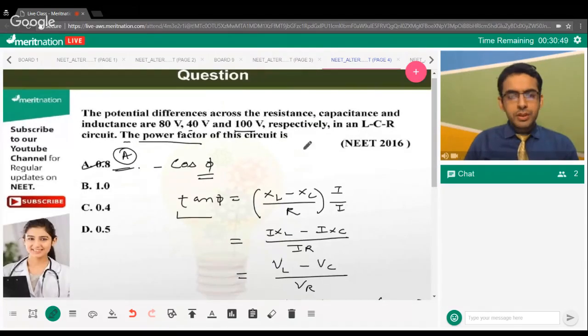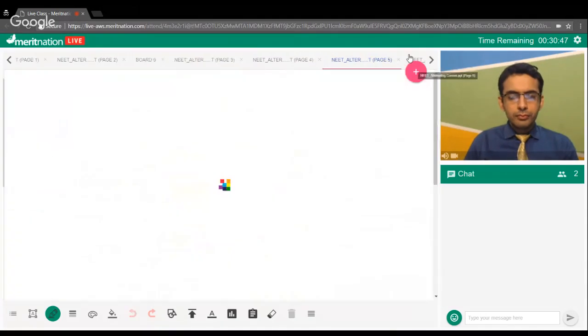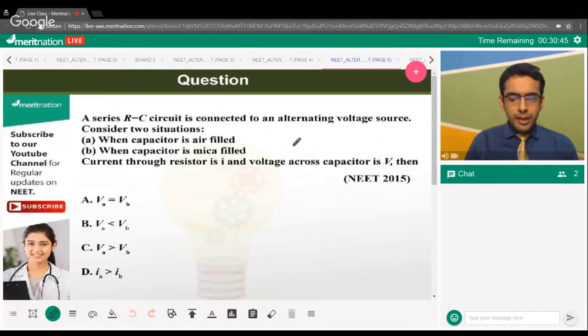Let's move to the next question. A series RC circuit is connected to an alternating source. Consider two situations. A, when the capacitor is air filled, and B, when the capacitor is mica filled.